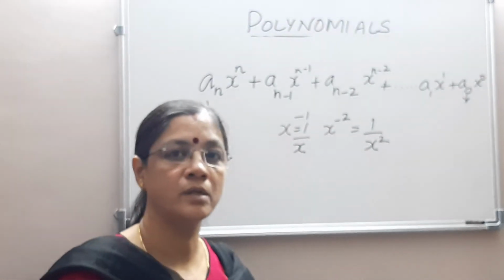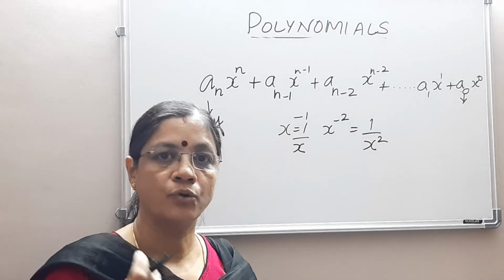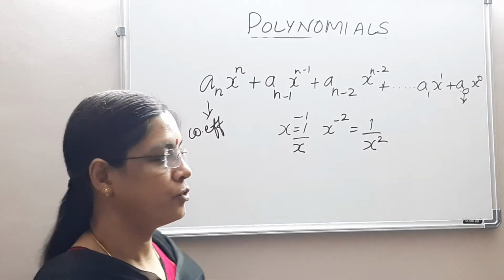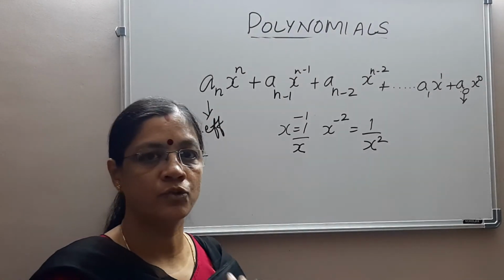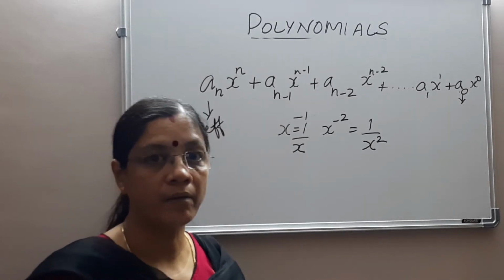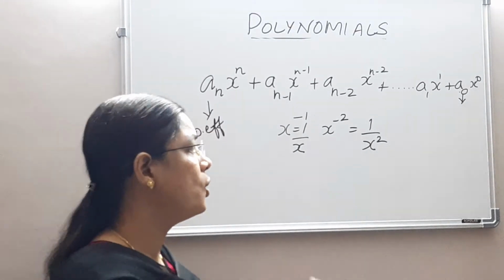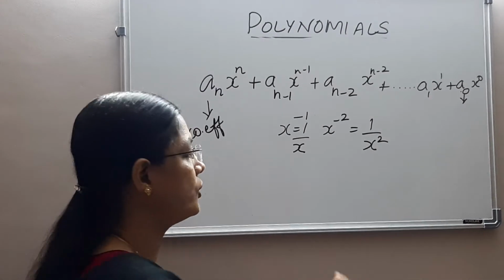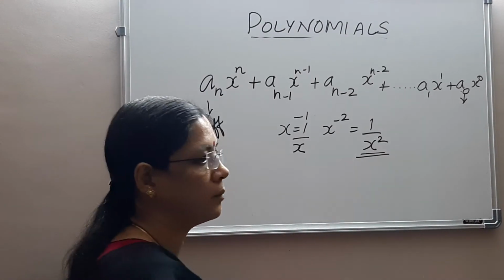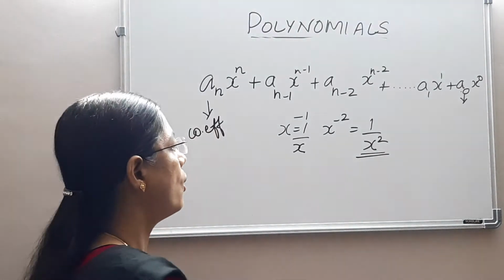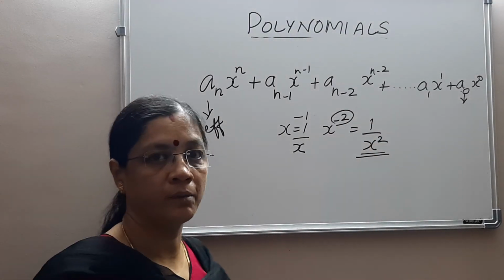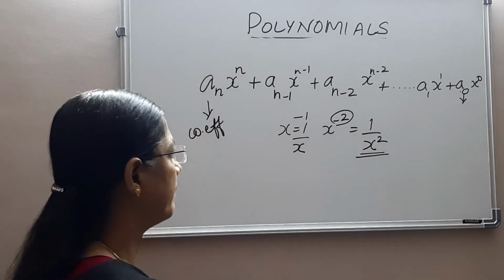That is, the powers of x should not be a negative number. It should be a non-negative number. The power or the degree should not be negative, so the variable should not occur in the denominator.